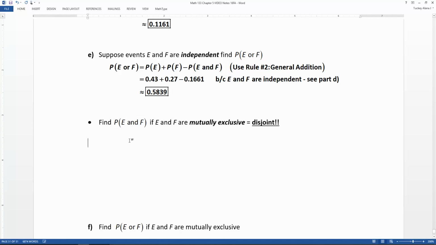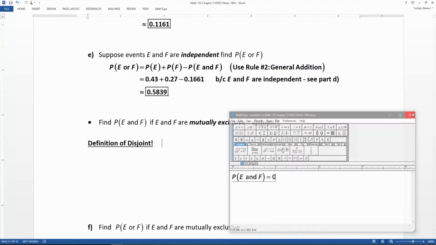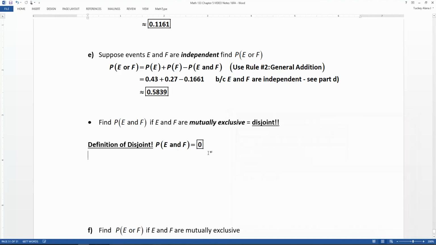This isn't really a rule. This is more the definition of disjoint, if you will. If they are disjoint, then the probability of E and F both occurring is 0, because you can't have both. You either have one or you have the other, but you don't have both. That's the definition of disjoint.